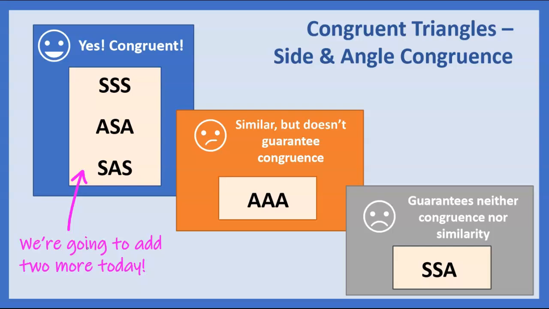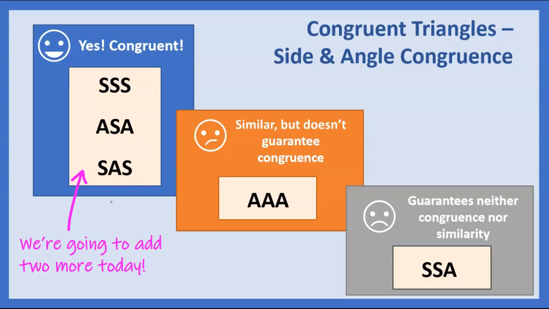But I like to minimize the amount I need to memorize. So these 2 rules we're going to add today, we can actually figure out using theorems we probably already know. And so I like to leave those to remembering just how to figure it out rather than memorize them. If it works for you to memorize them, that's cool too. But I like to just memorize these 3 and then work from there.